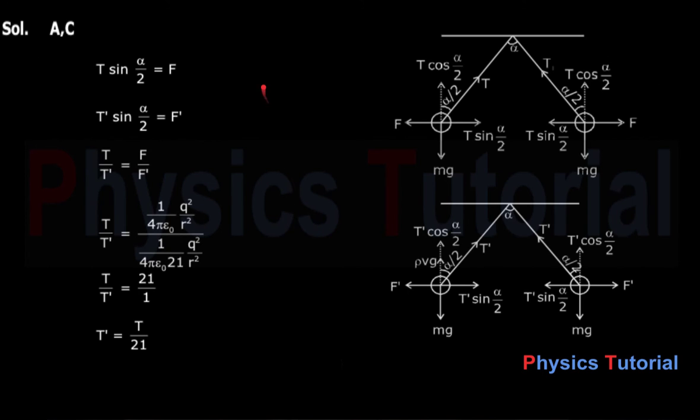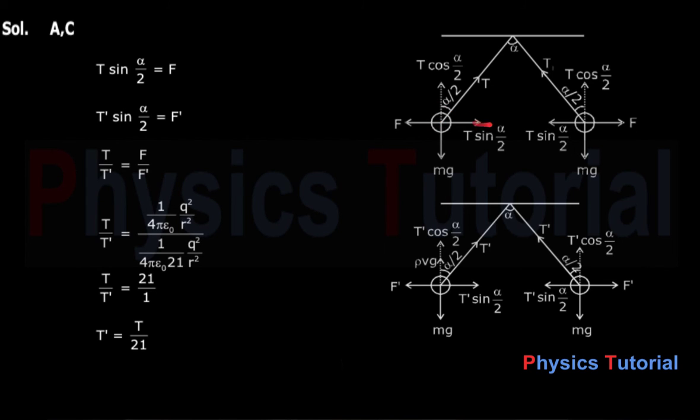Question number 11. Here, if you see, applying the electrostatic force. So here there are charges Q and Q, force F, tension T, and this one is mg. So you can see over here, let this angle be alpha. So the semi-vertical angle will be alpha by 2. Here alternate angle alpha by 2.